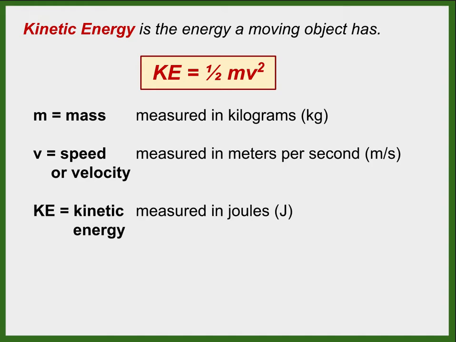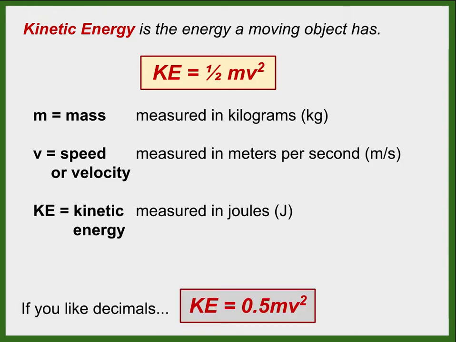And then KE is going to stand for kinetic energy. And again, that's going to be measured in joules. So let's take a look at an example of how we would use this in a problem. Oh, one more thing. Sometimes people like decimals instead of fractions. So if you would like to write this formula down for your own purposes as 0.5 times m times v squared, feel free to do so.